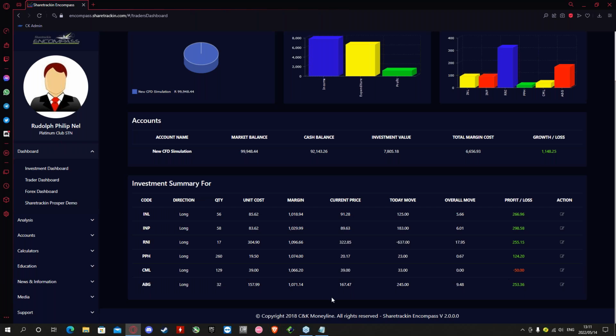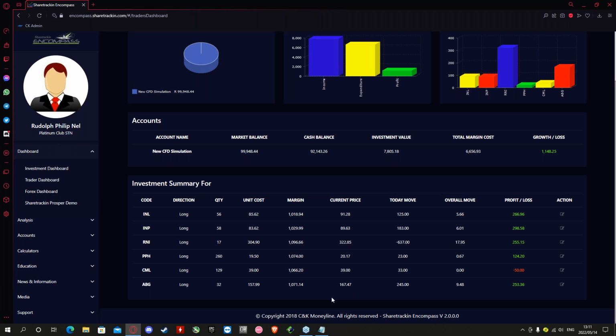Okay, so you can make money in both directions. You don't need to stick with only shares that are going in the upwards direction. You can even choose shares that are going in the downwards direction and make money with that. So it works more or less on the same principle as Forex. So in Forex, if you try trading, for instance, let's say the USD versus ZAR pair, if you put in a buy order on that pair, then it means that you are trading for the US dollar.